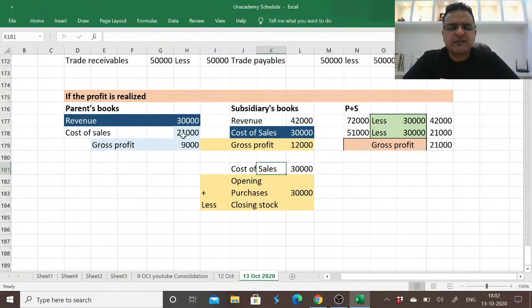So when it is realized, then there is no problem. But if it is eliminated in closing stock when calculating the cost of sales, then there is a problem. Cost of sales is a combination of opening stock plus purchases less closing stock. This is how the cost of sales figure is calculated.